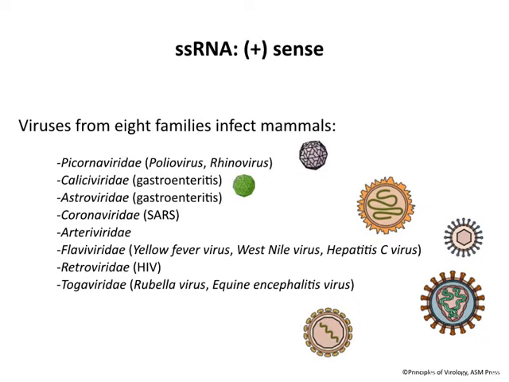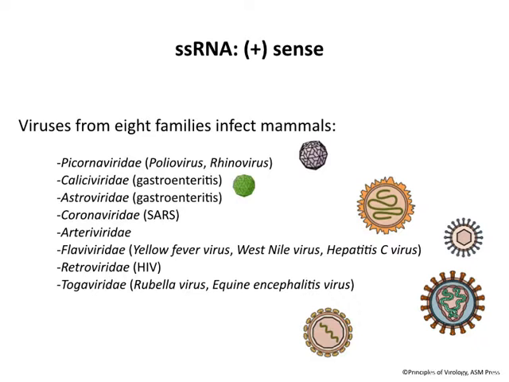So then there are a class of viruses with plus-sense, single-stranded RNA, and these are 8 families that contain viruses that infect mammals. The picornaviruses, which include polio and rhinovirus. The caliciviridae. This includes the noroviruses, the so-called cruise ship viruses that cause outbreaks of gastroenteritis.